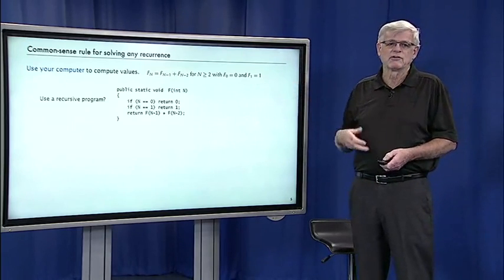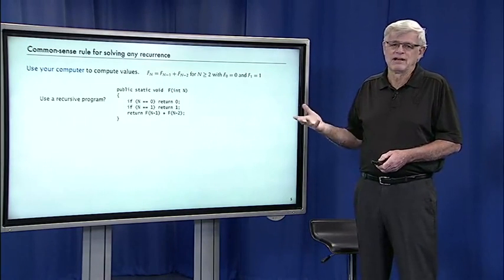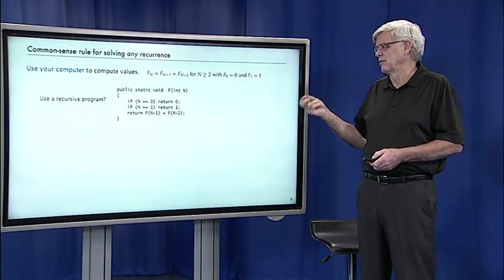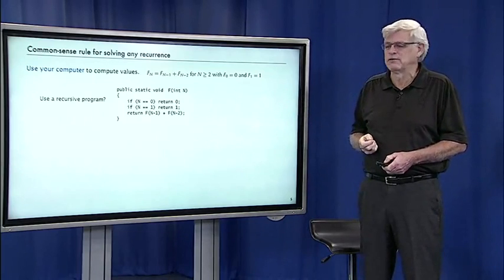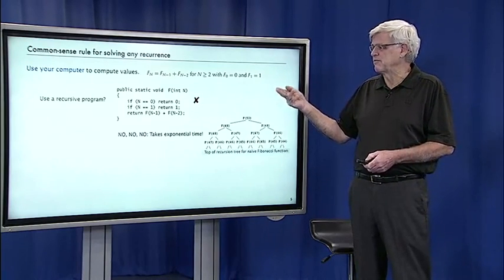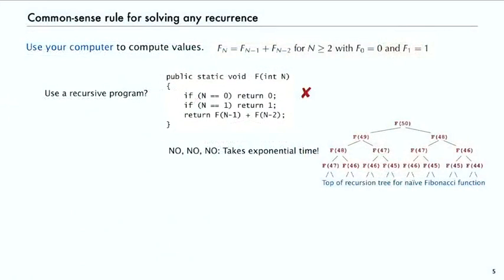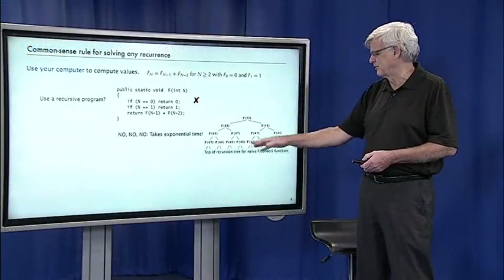So first thing you might say is, why not use a recursive program? Well, we teach now in every elementary programming course that you don't want to do this. It's a very bad idea to try to compute values of a recurrence like this with a recursive program because it takes exponential time. That is, to compute f of 50, we have to compute 49 and 48. To compute 49, 48, and 47, and so forth.